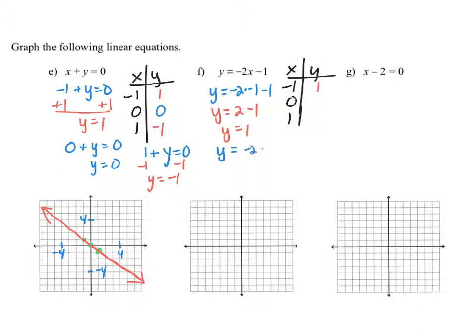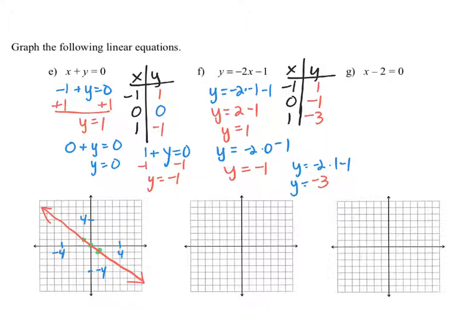Now let's replace the x in the original equation with 0. y equals -2 times 0 minus 1. And we solve that to get y is equal to -1. And for our last point, we are going to replace the x in the original equation with +1. So we get y equals -2 times 1 minus 1. And when we simplify that, we get y equals -2 minus 1, or -3.